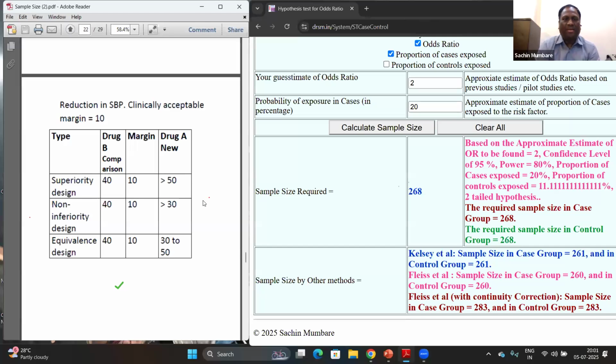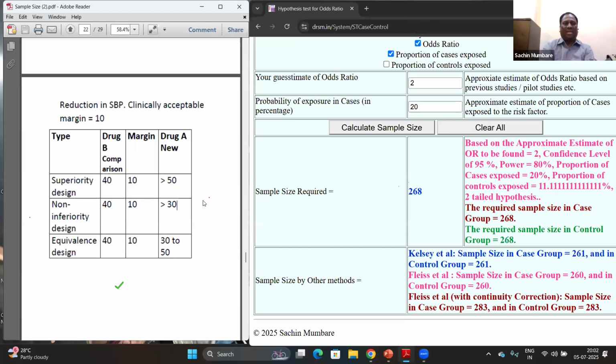Non-inferiority design is adopted when you want to prove that the new drug or test drug is at least non-inferior to the existing drug and it gives results within some margin, maybe below the available drug, but within some margin nearer to that efficacy. But that new drug is having either less cost or less side effects or more easily available, whatever it may be, other benefits are there. So you want to test whether drug A can also be introduced.